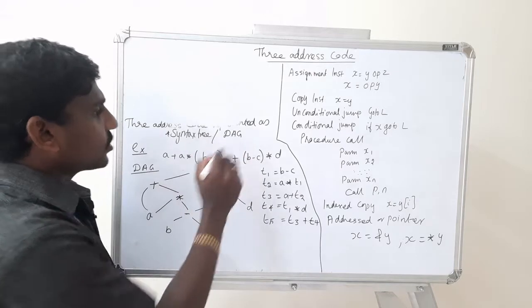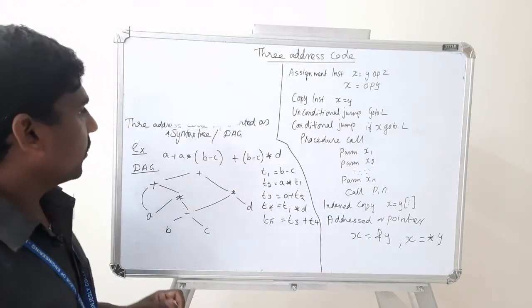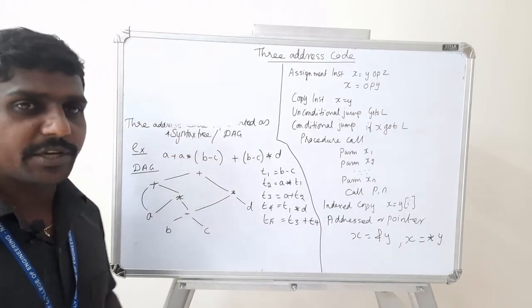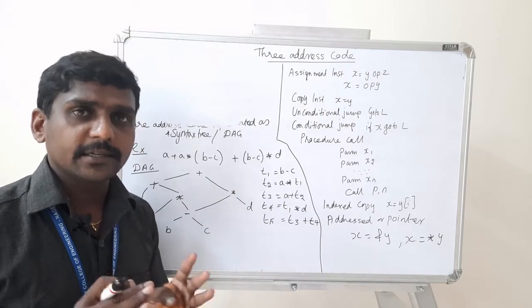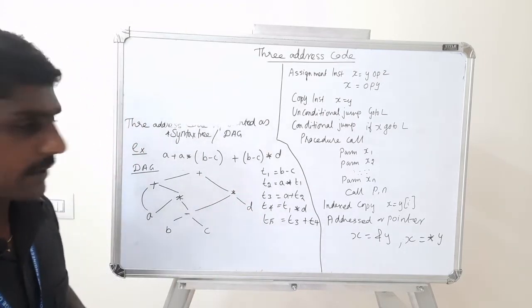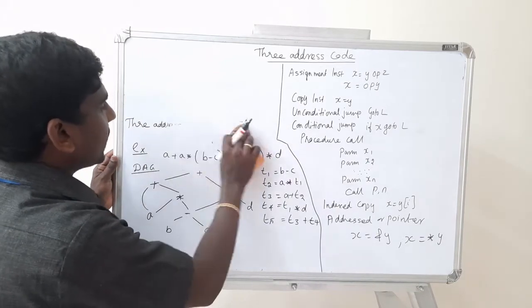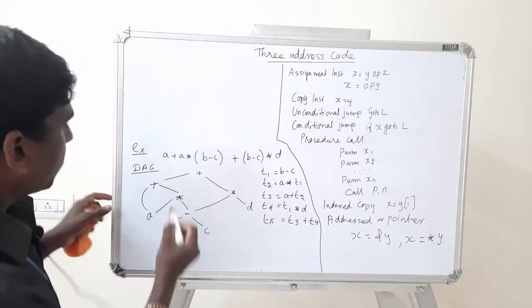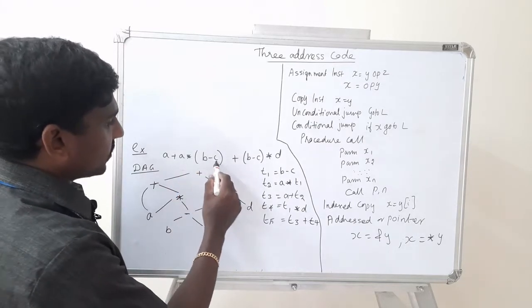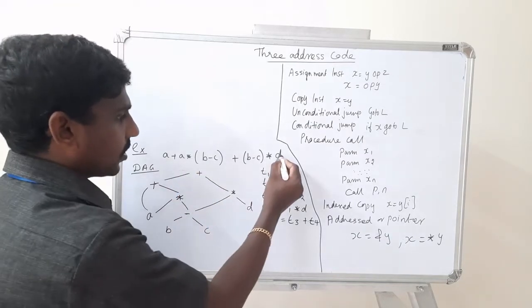This three address code is mostly represented by a syntax tree or DAG representation. You know what a DAG is: directed acyclic graph. I will explain it with one small example. The expression is a plus a star b minus c plus b minus c into d.